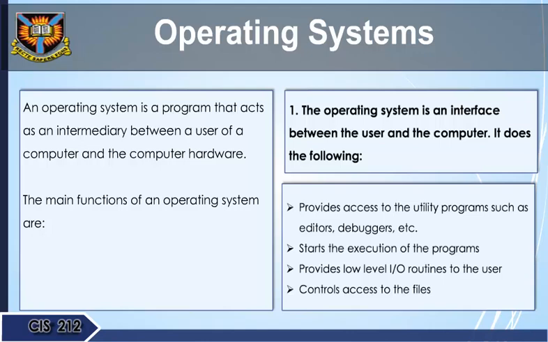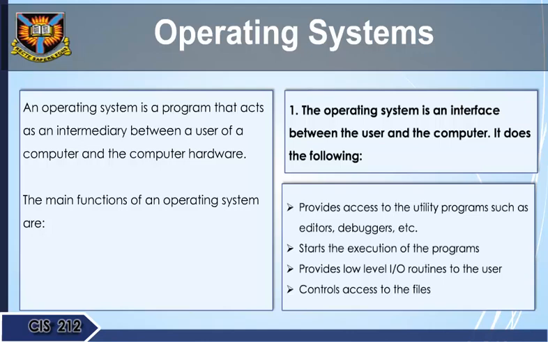Operating systems. An operating system is a program that acts as an intermediary between a user of a computer and the computer hardware. The main functions of an operating system are: 1. The operating system is an interface between the user and the computer.